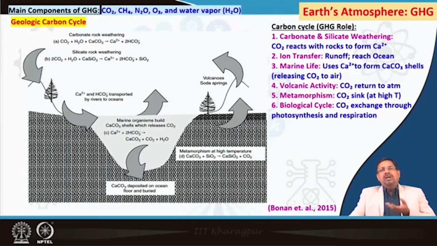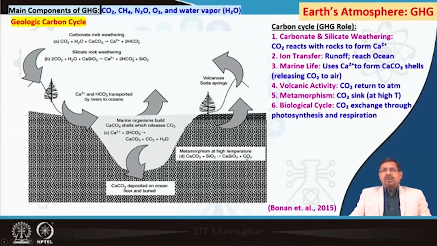When it is buried in the ocean floor, it is again going back to the lithosphere, right. And then through metamorphism at high temperature, calcium carbonate plus silicon oxide again gives back the earlier formation, and carbon dioxide is again released.